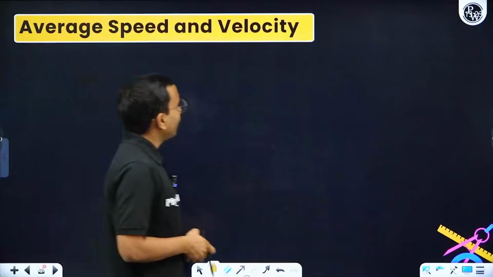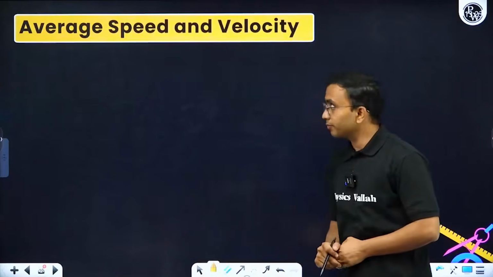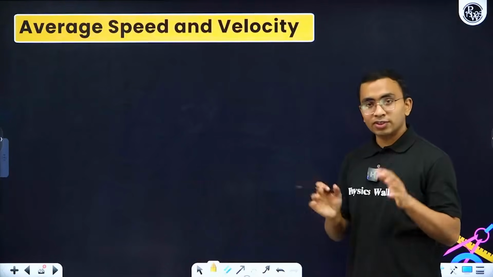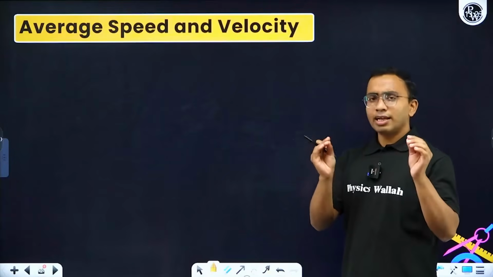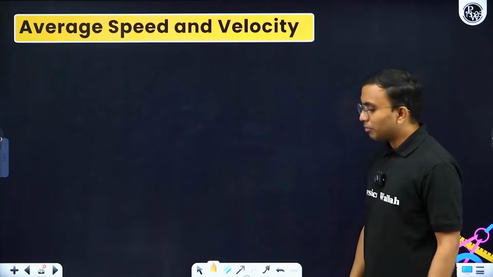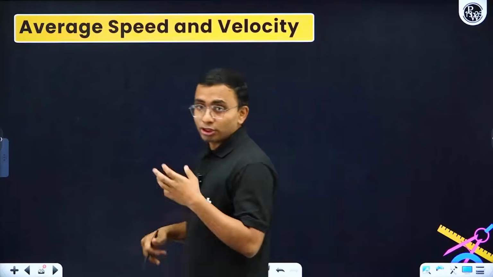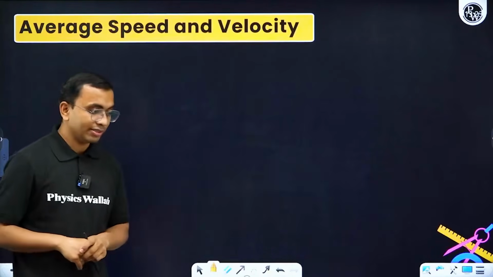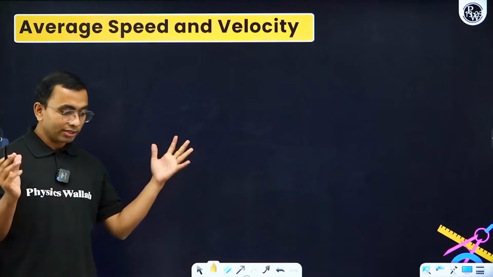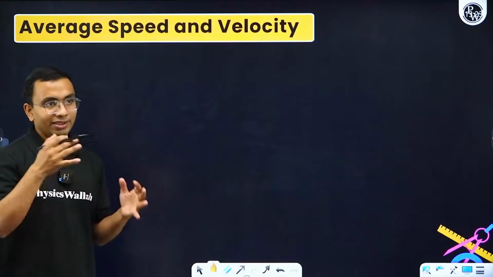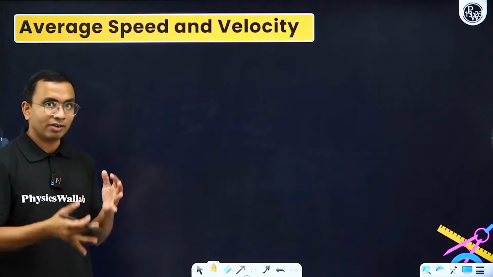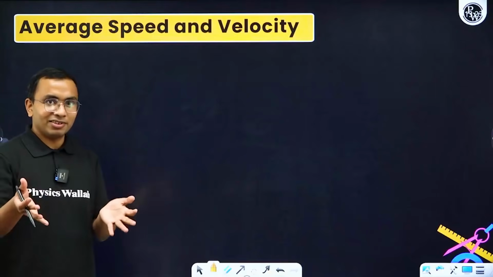Now let us talk about average speed and velocity. First of all, let us have some conceptual clarity about these things. Many times what happens, some question of average speed or average velocity is there, and a few things are mentioned: half of the distance it covered with this velocity, half of the time it covers with this velocity.